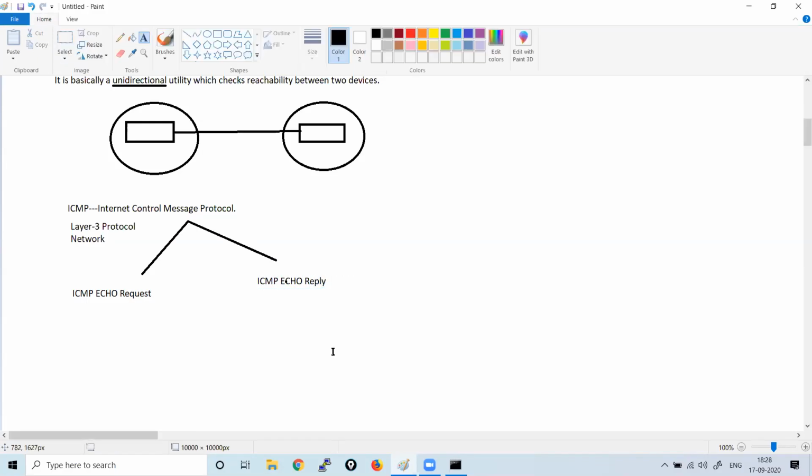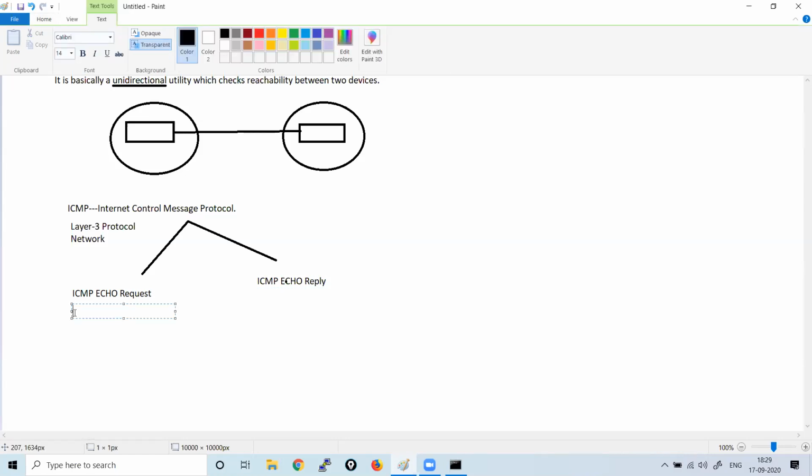Okay, well, these messages are for human understanding purpose. Now the question comes: how will the machines understand whether this is an ICMP echo request or an ICMP echo reply? Depending on this, the echo request uses type 8 code 0.